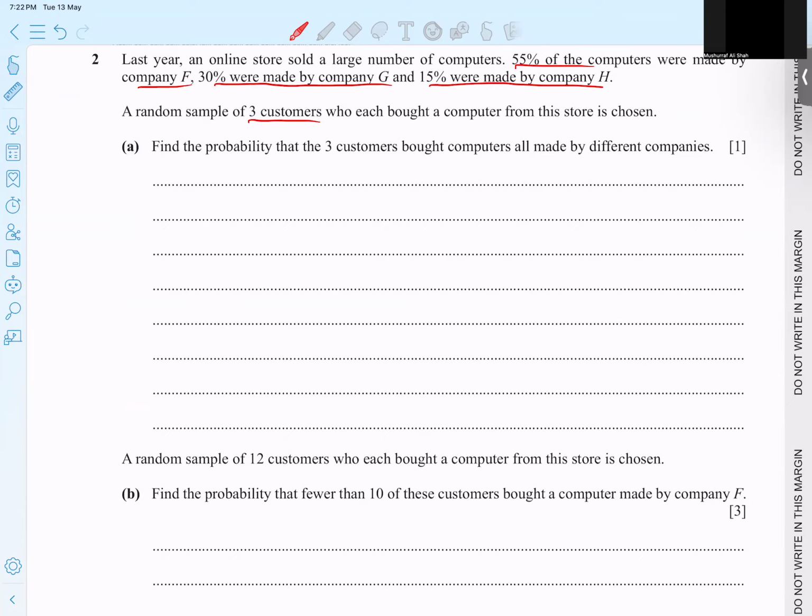Find the probability that the 3 customers bought computers all made by different companies. It means one bought from F company, one from G company, and one from H company. So the chance of F is naturally 0.55, second is 0.30, last is 0.15.